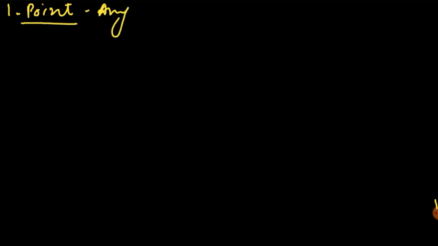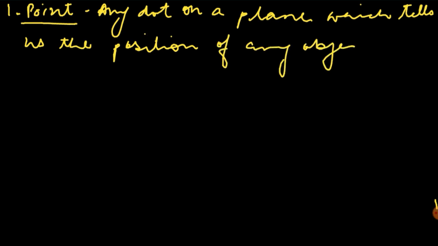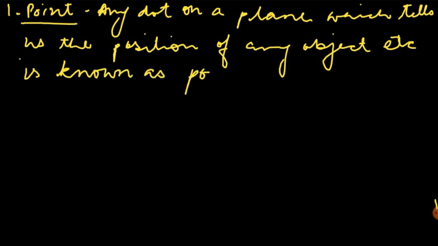Any dot on a plane which tells us the position of any object etc. is known as point. For example, this is point A.